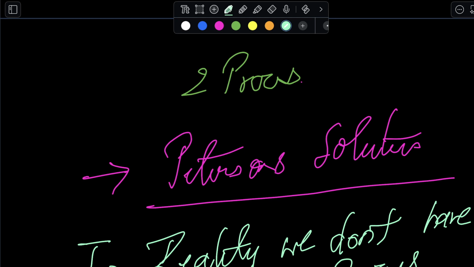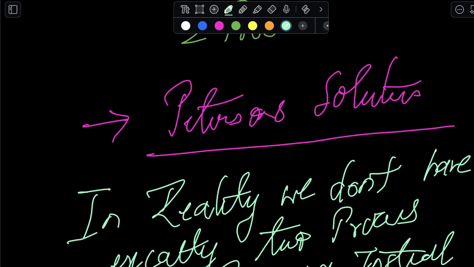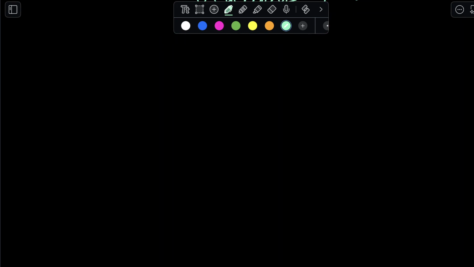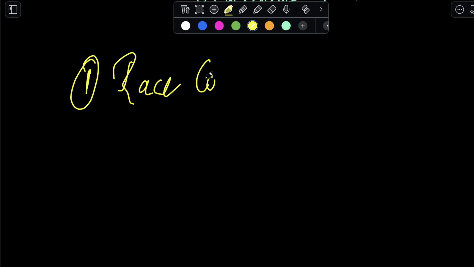When we have more than two processes, what all possible things can happen? The first thing that can happen is the race around. Race around is again the first one wins, or the faster process wins. Basically, two or more processes access shared data at the same time, and the final result depends upon the timing, right, on which is executed.